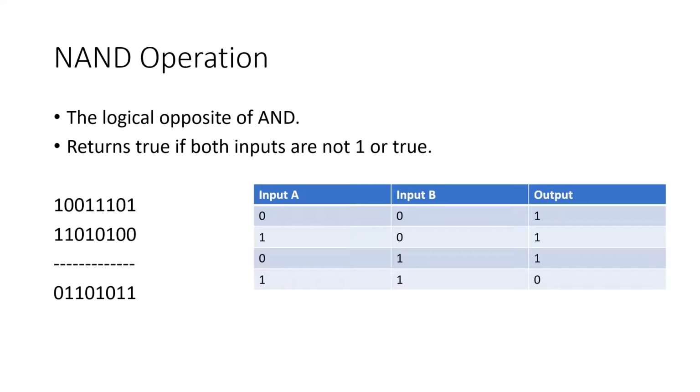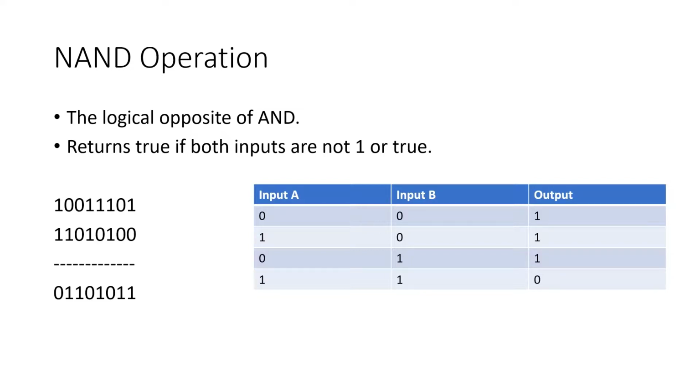The NAND operation, or not AND, takes a little bit more brain power to understand what's going on. Now, it only returns true if it would return false in the AND operation. So if both inputs are false, or if only one input is true, it'll return true, but not if both inputs are true.